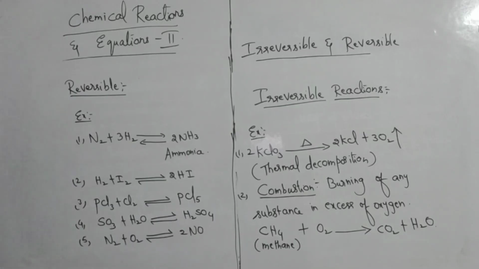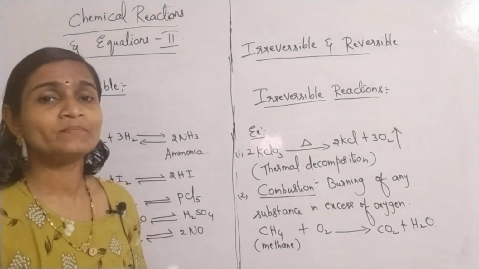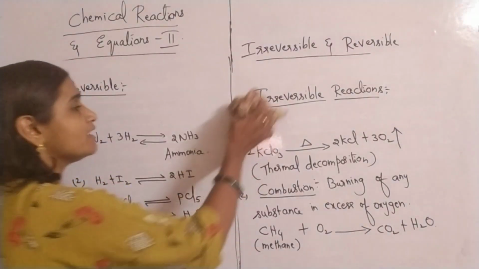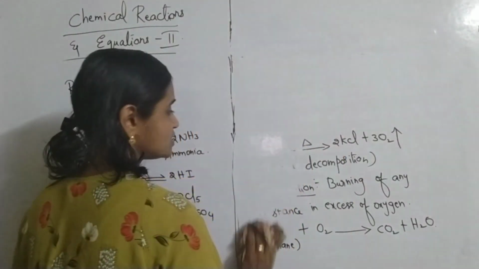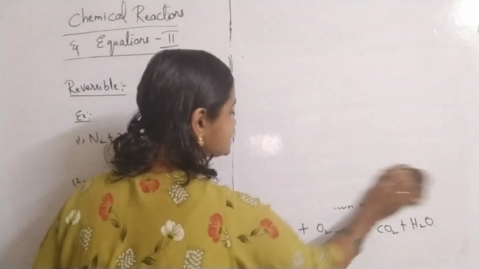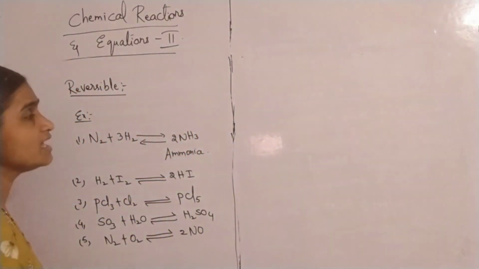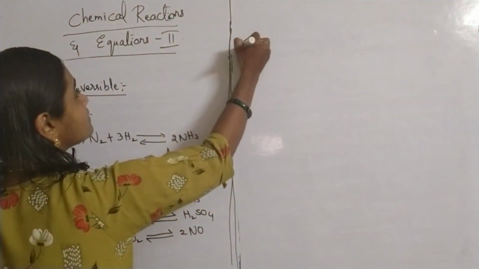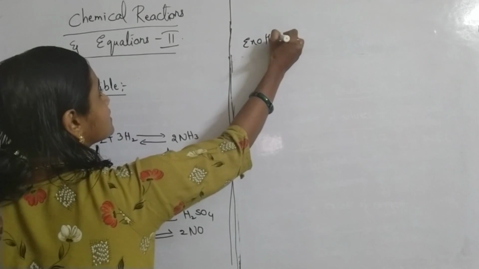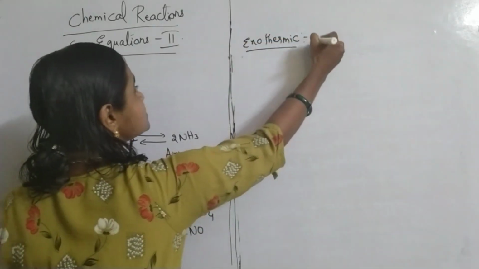The next set of reactions we have to learn about are exothermic and endothermic reactions. Exothermic reactions means the reactions in which heat energy is released. Exothermic means release of heat energy.